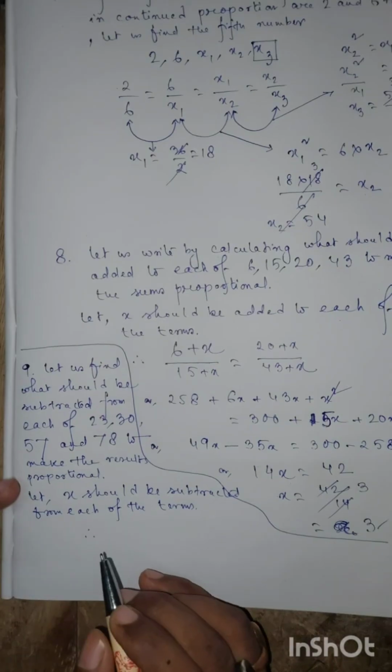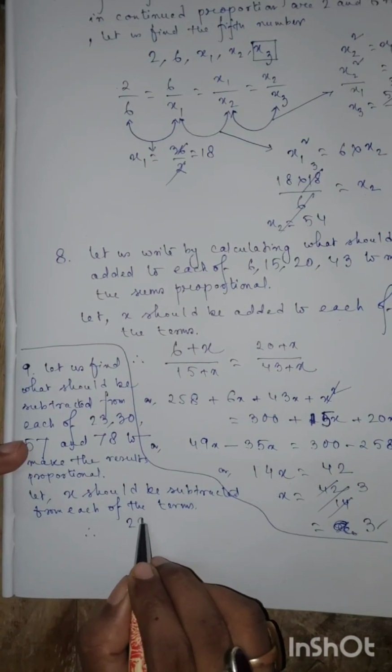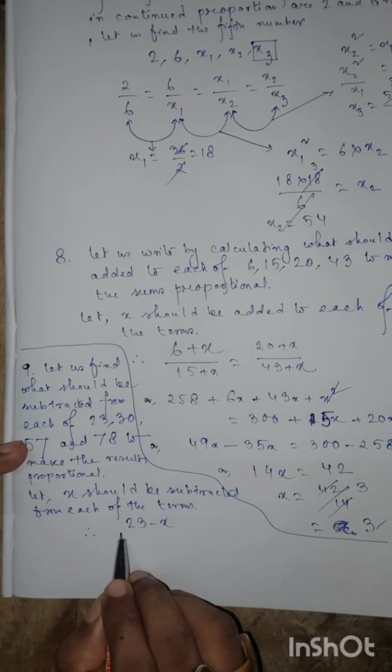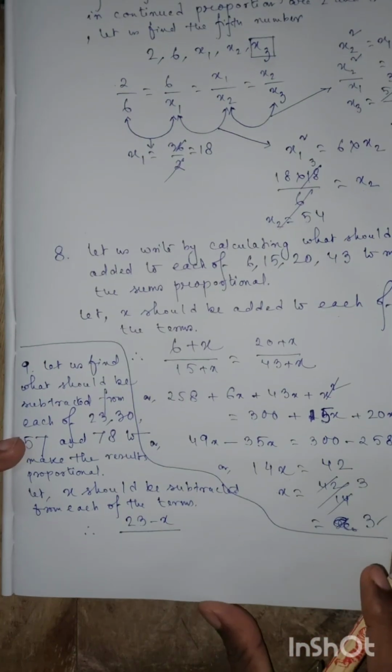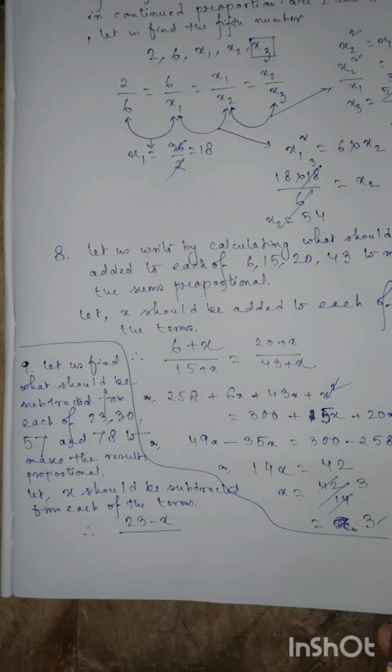Therefore we can write 23 minus x by, okay, when we subtract x from each of these terms, the results become proportional.